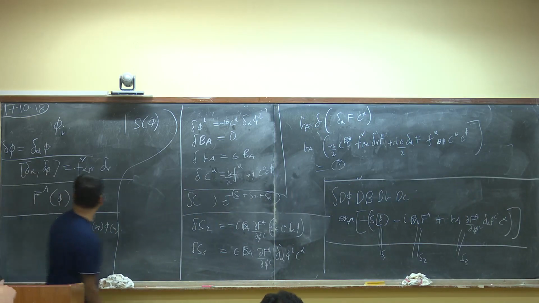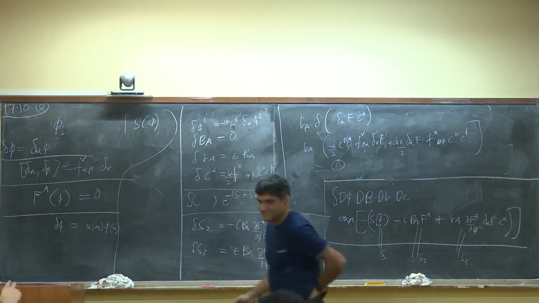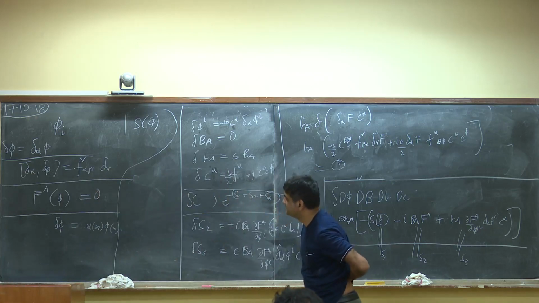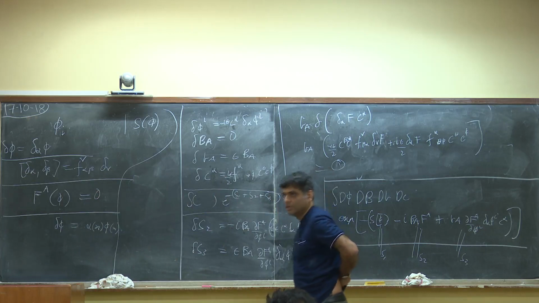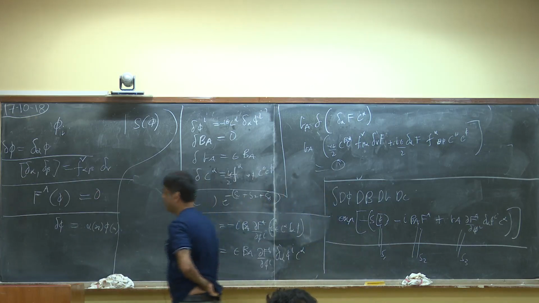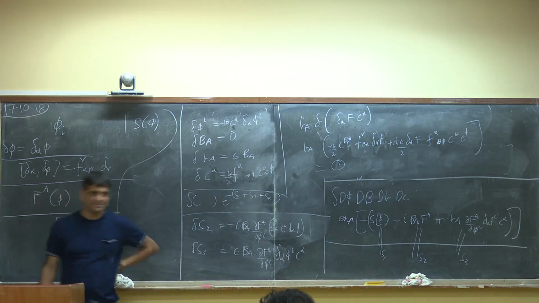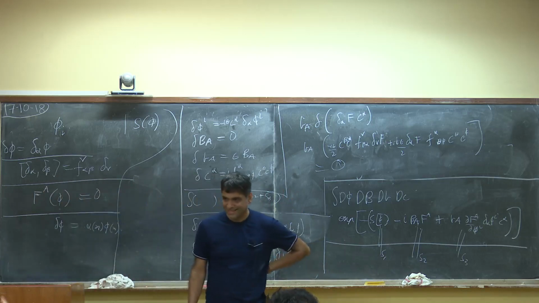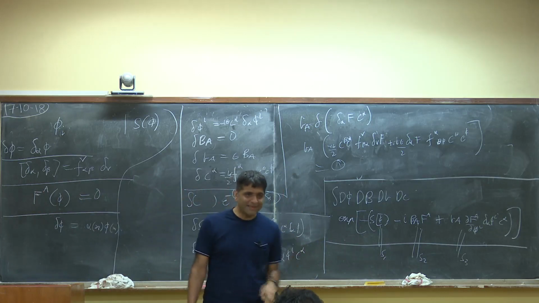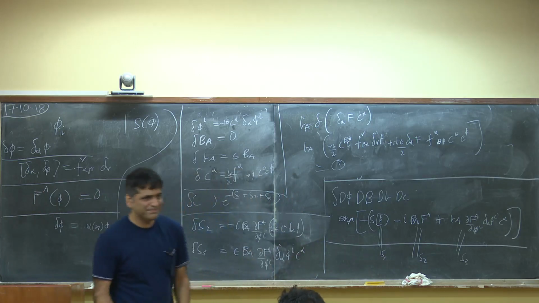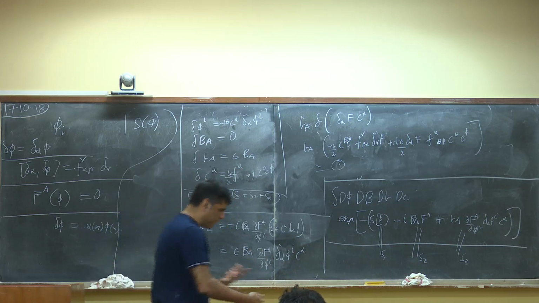Using the fact that f alpha beta is antisymmetric in alpha beta. That is the statement. Yes. With this you can prove that. I mean, it's related, but you wanted some product of two f's, right?